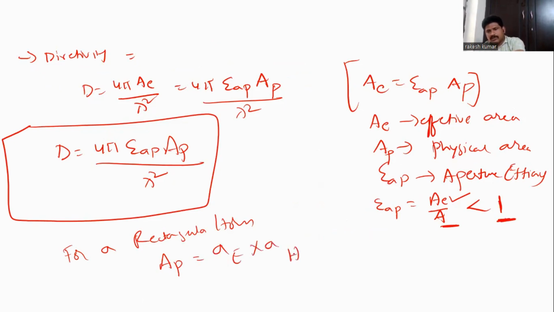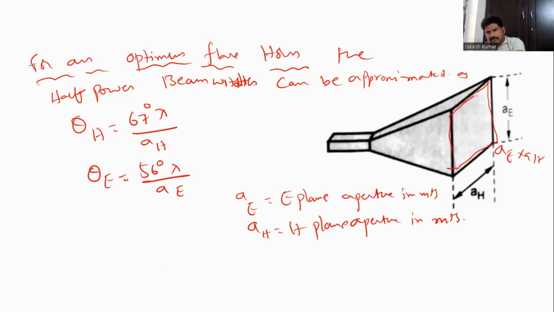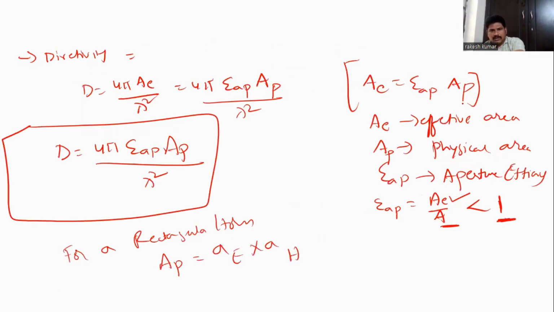If the aperture is circular in shape, the formula is pi a square.